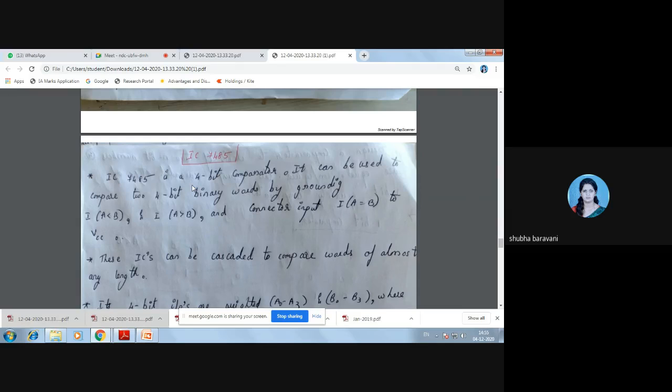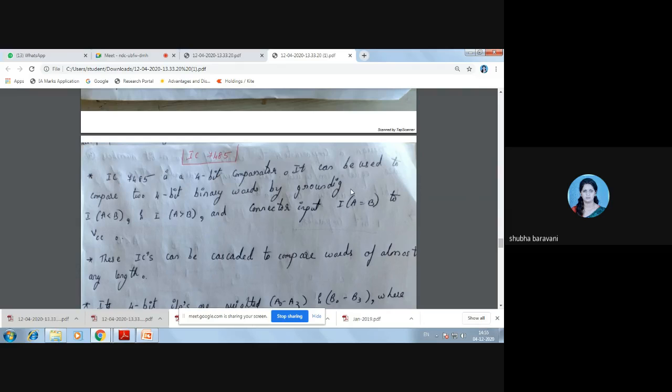And just a minute. You need to see, basically this means our 7485 IC is an IC which we require to cascade.